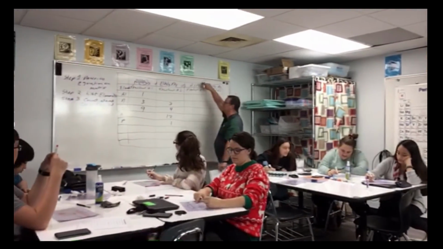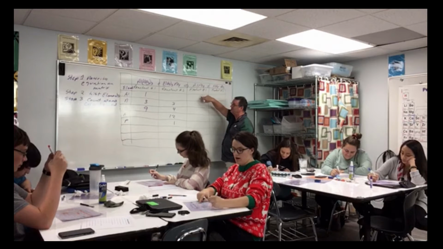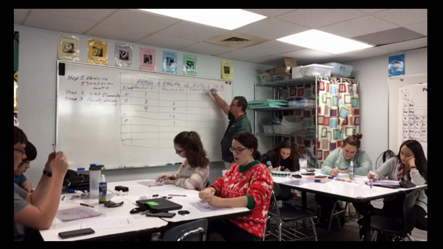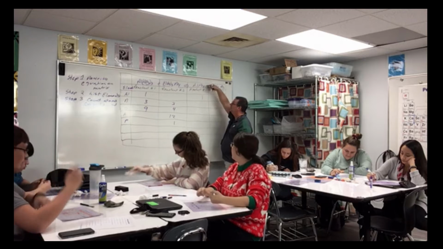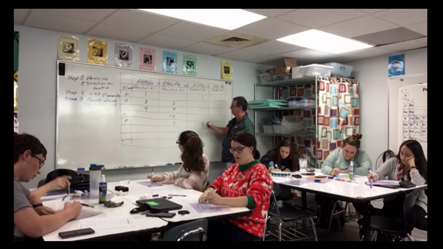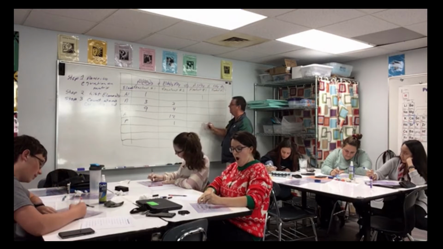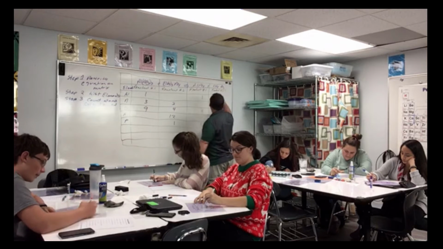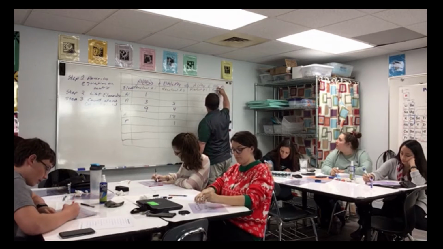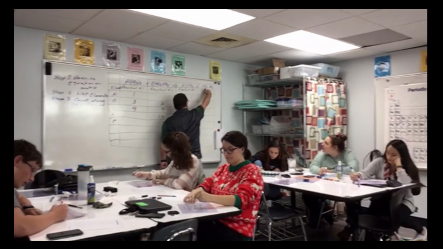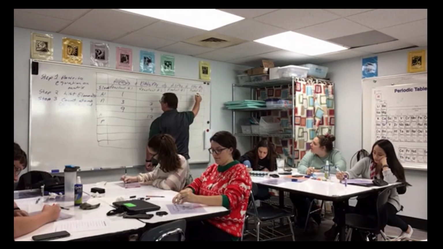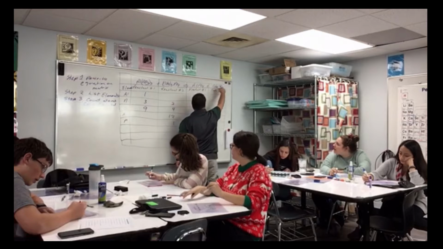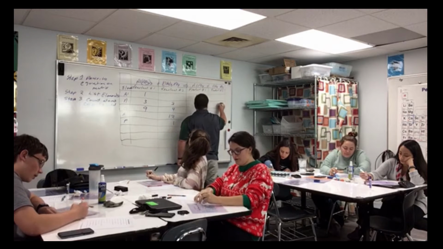Now, for product aluminum phosphate, how many aluminums do we have? 1. How many phosphorus? 1. How many oxygens? 4. Okay. For ammonium nitrate, how many nitrogens? 2. 1 here plus 1 there is 2.